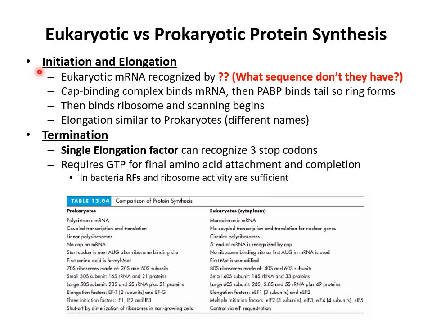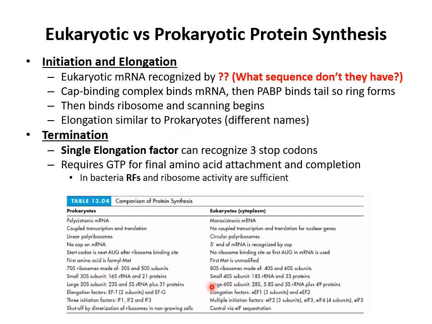So I want you to put stars next to that. Initiation in eukaryotes, the ribosome will grab the 5' cap of the mRNA, whereas in prokaryotes, the ribosome will grab the Shine-Dalgarno sequence of the mRNA. I also listed out some other differences, and you have this big table here showing the overall differences, but I don't want you to worry about memorizing or trying to figure out all of these differences.